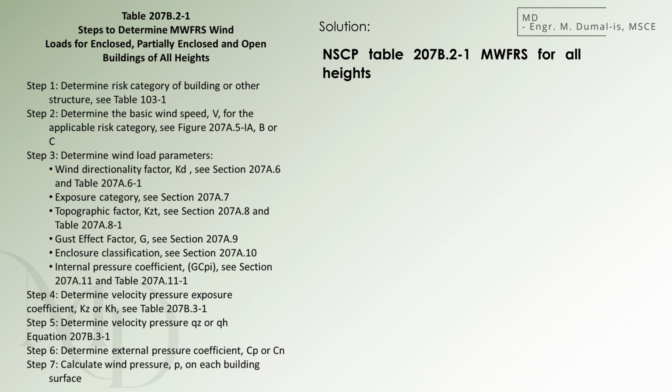Once that is in place, we calculate the velocity pressure, Q sub Z or Q sub H, using equation 207B.3.1. We also need the external pressure coefficient, C sub P or C sub N. And finally, with all of these values defined, we can calculate the wind pressure, P, acting on each surface of the building.